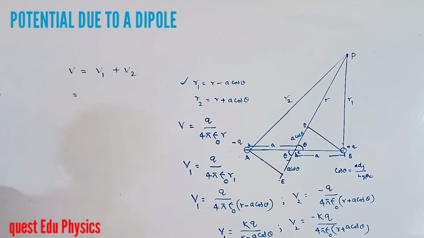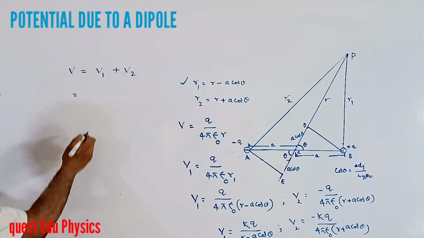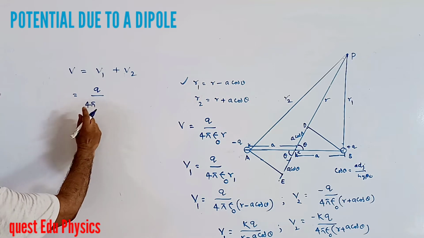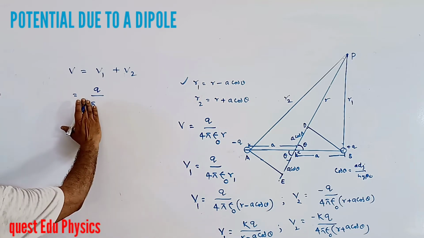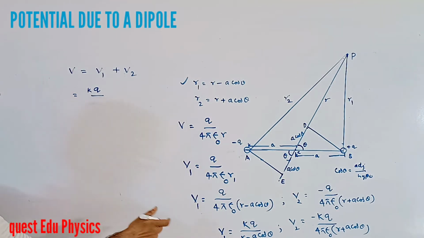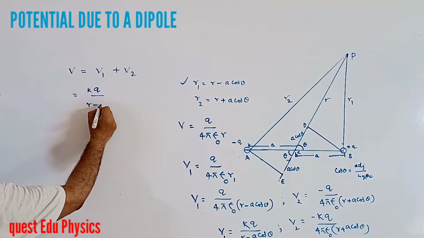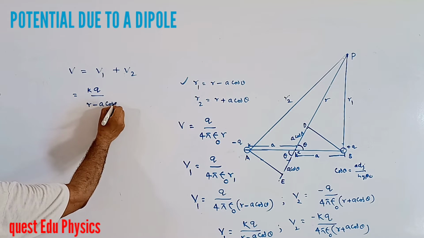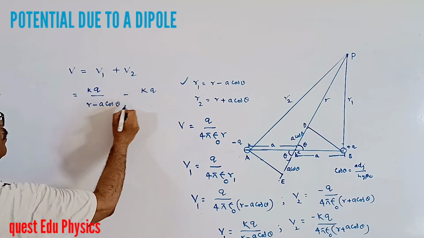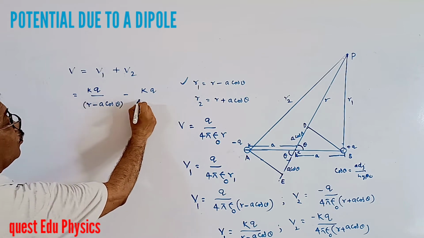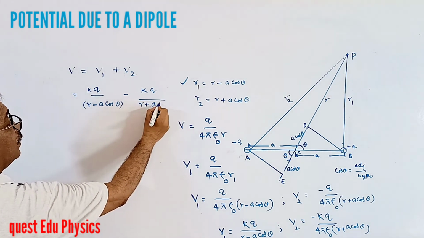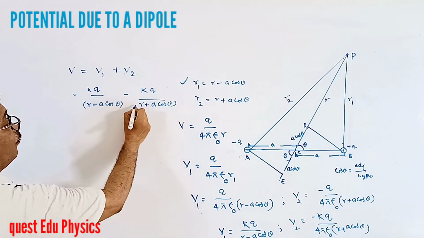Then we can write what? KQ by R minus A cos theta minus KQ by R plus A cos theta.